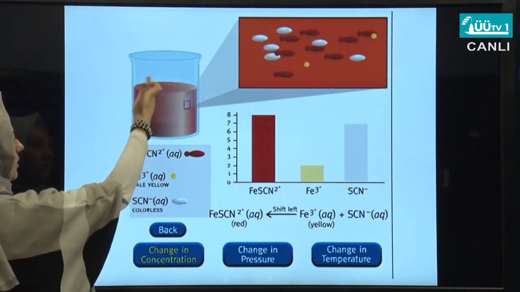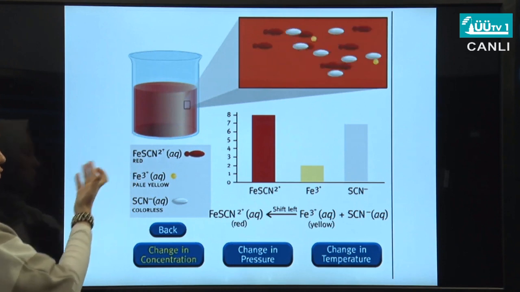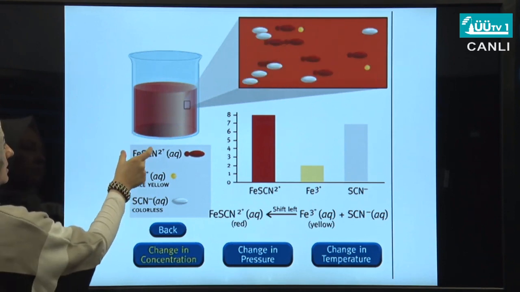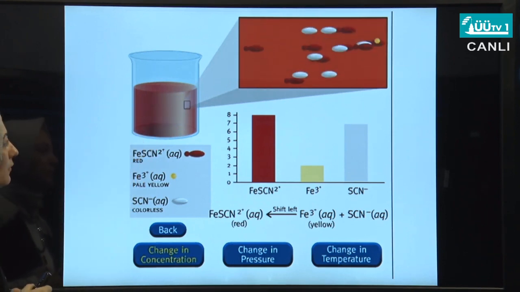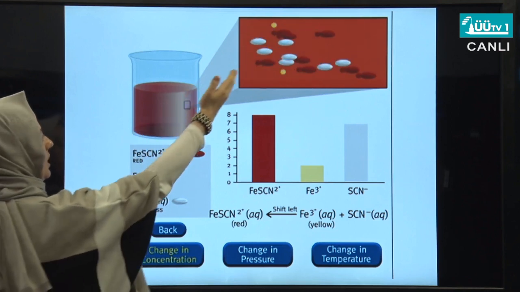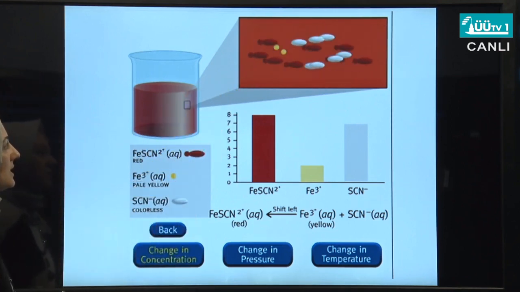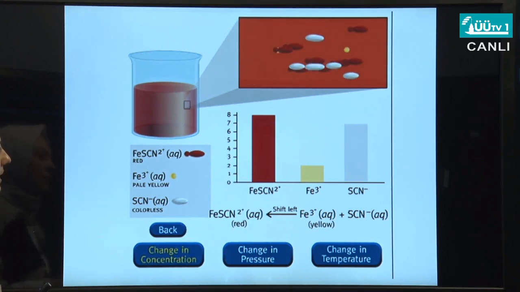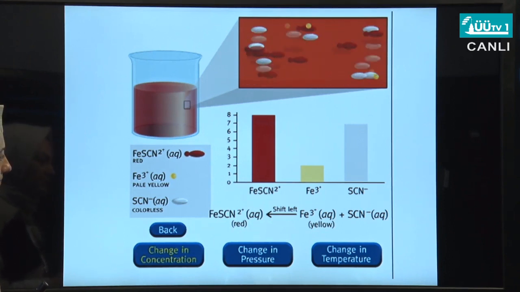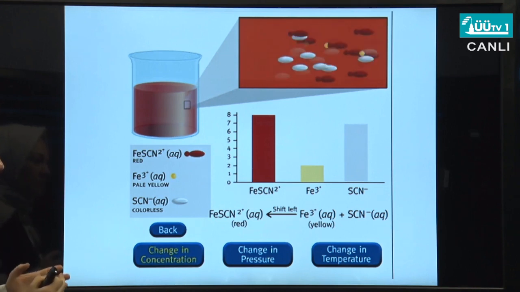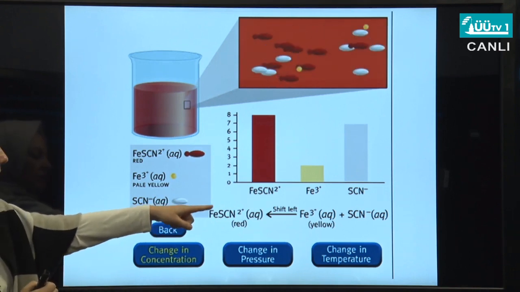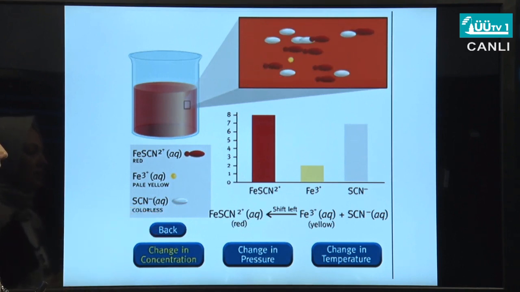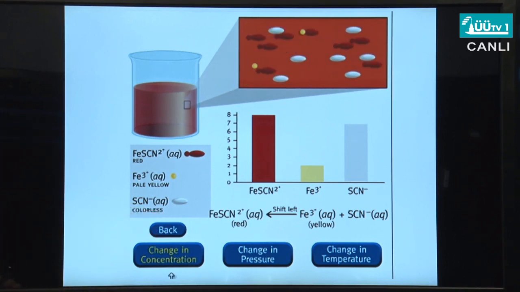As the color of the reaction medium also implies, more iron thiocyanate is being formed. You can also, in the atomistic view, see the number of molecules forming in this change. So we saw that the chemical reaction shifted to the left to maintain a new equilibrium.